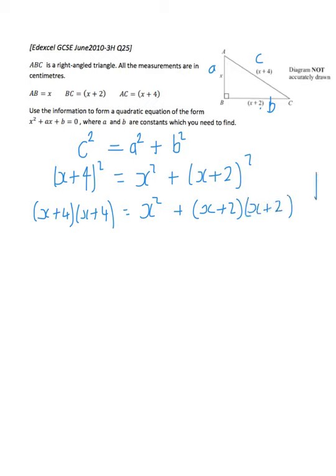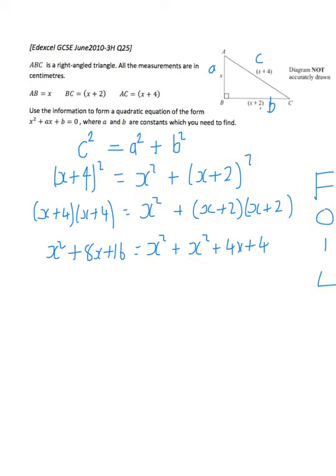Using FOIL again, you should be good at FOIL by now. Multiplying the two first terms will give me x squared, 8x plus 16. And on the right hand side I'll have x squared plus x squared plus 4x plus 4. Right, so we need to rearrange this now.